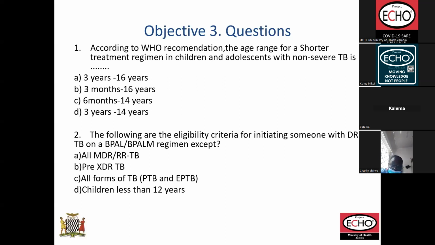So, Dr. Mubanga, the majority of our team feel that children between the ages of 6 months to 14 years are the ones WHO is recommending for the shorter treatment regimen for non-severe TB, whereas 25% of the participants think it's 3 months to 16 years, 27% think it's 3 years to 14 years, and 12% think it's 3 years to 16 years.